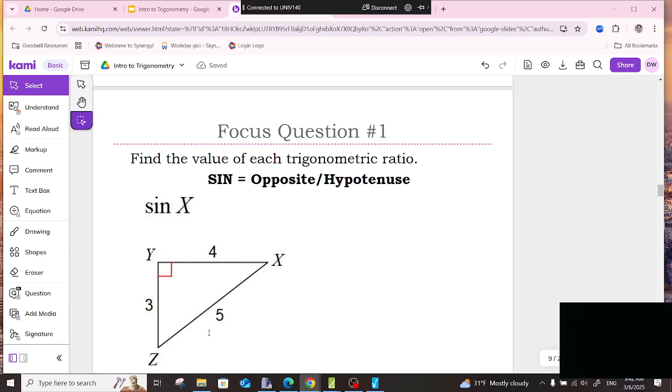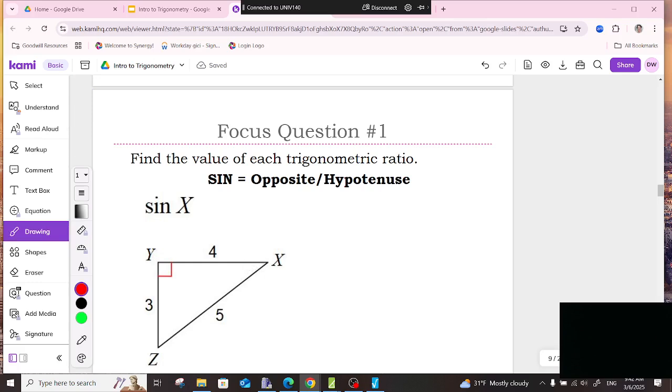Everybody, use your pencil, your finger, something, but point to x, because it's from x that we start labeling. And if you accidentally choose the wrong side, you're going to get everything incorrect. So see here, my finger's on x, right? Okay, so what side is opposite of x? The 3, right? This is called opposite.